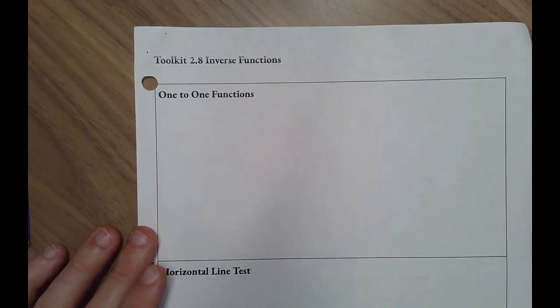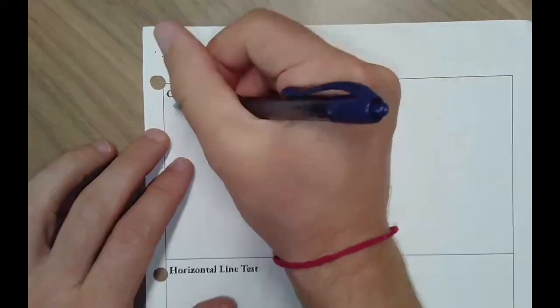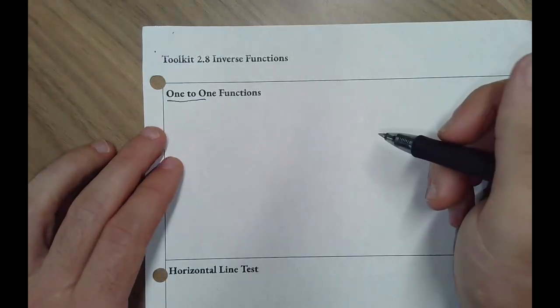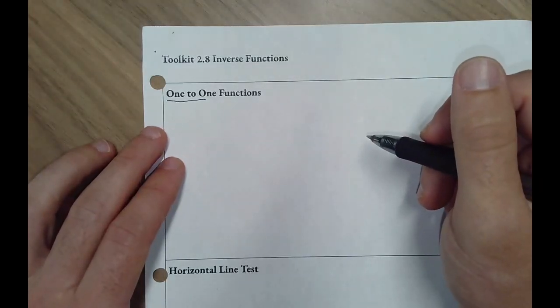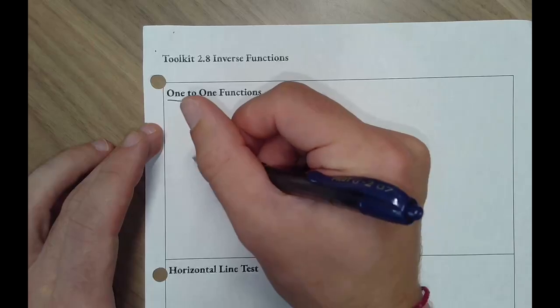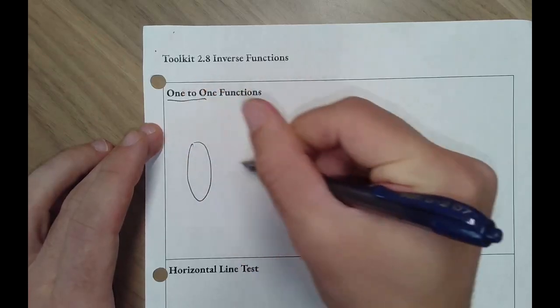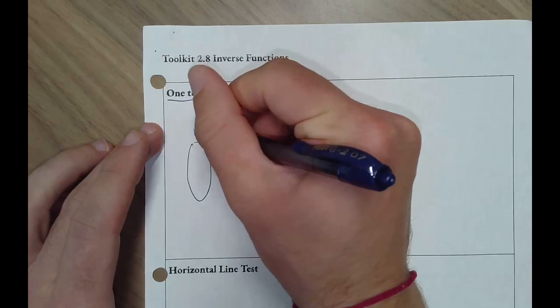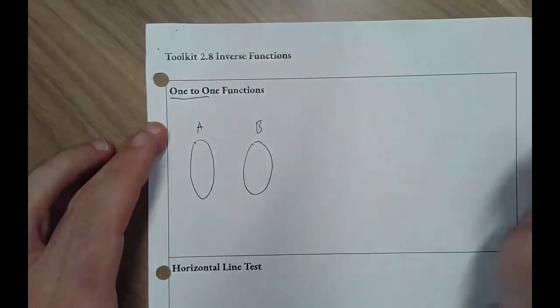We're starting with one-to-one functions. What does that mean for a function to be one-to-one? Well, let's talk about functions in general, right? What you've seen in the past, you might have seen something like this. We have A, we have B, and we have certain inputs.